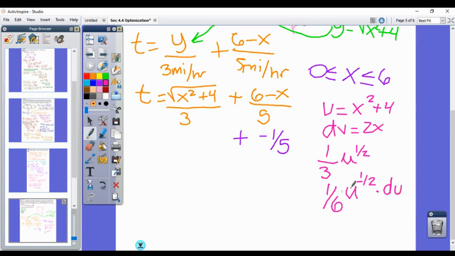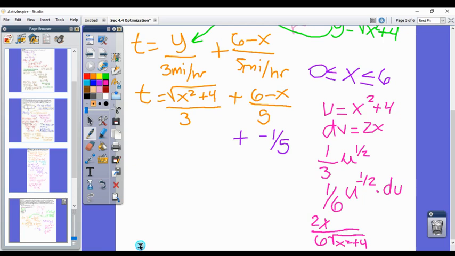So let's simplify that out. I'm going to get 2x divided by 6 square root x squared plus 4. And then you can simplify the 2x over 6.